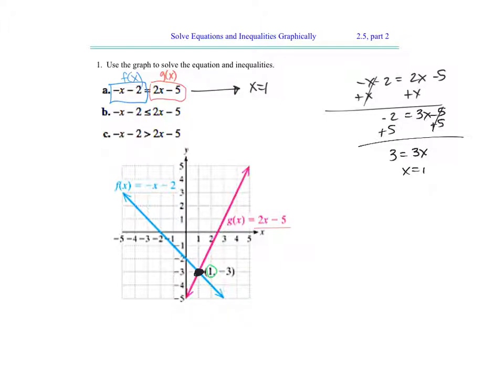This is saying when is negative x minus 2 less than 2x minus 5. Graphically, that means when is the blue line down below the red line. And that happens right here. And so what are the x values that correspond to that section of graph?